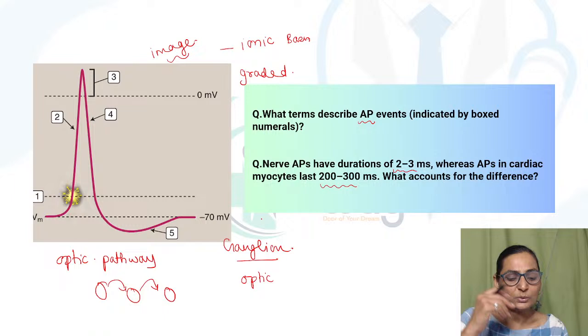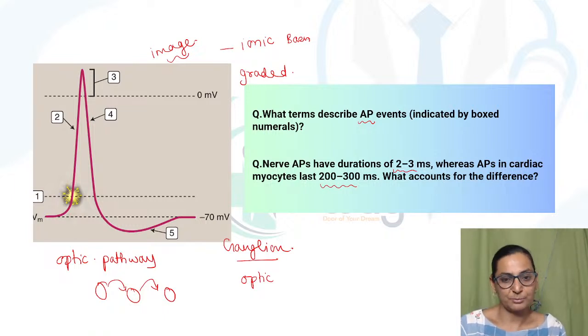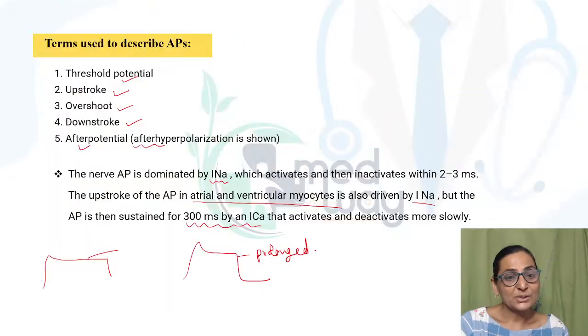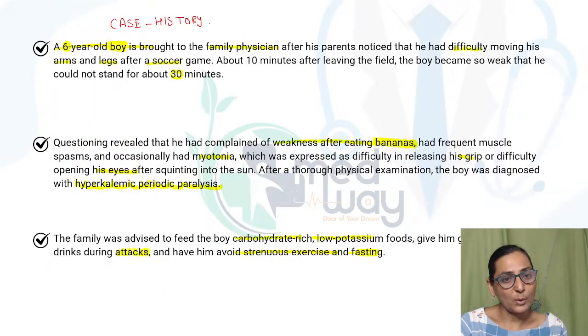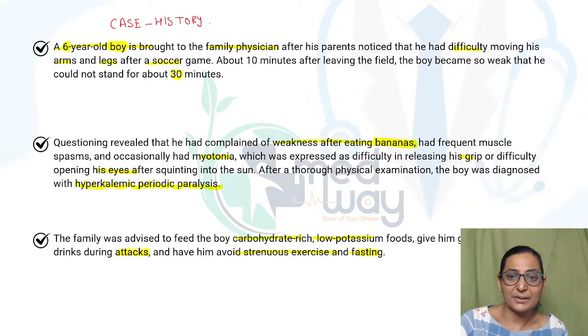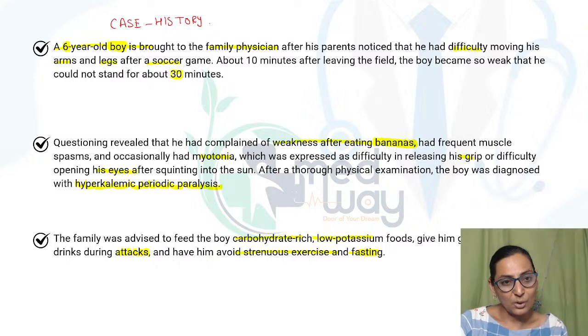So when you have to take it over a longer distance, you require action potentials, right? So this topic per se is very, very important. As you see, case-based history comes from here, image-based question comes from here, and first prof LAQ comes from here, right? So this is all for this lecture.